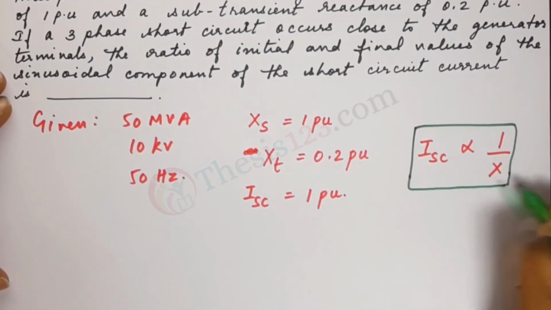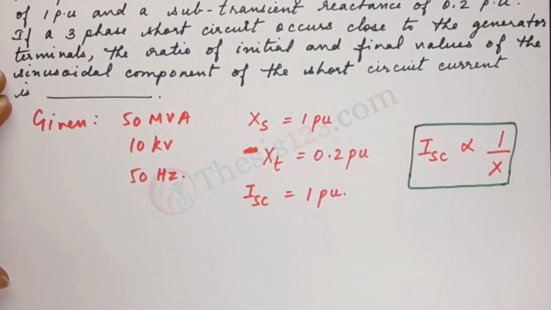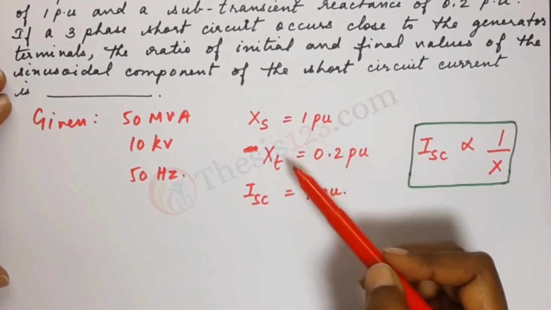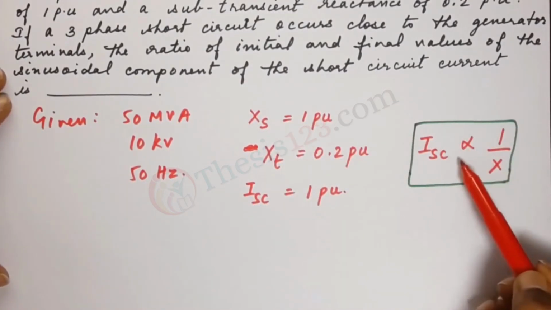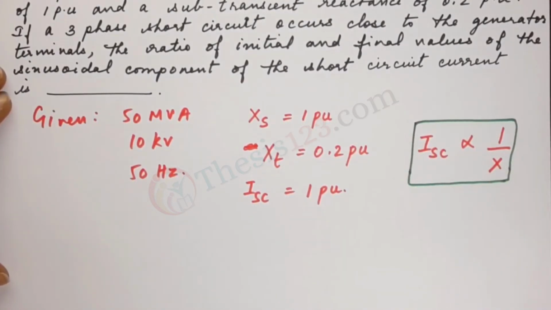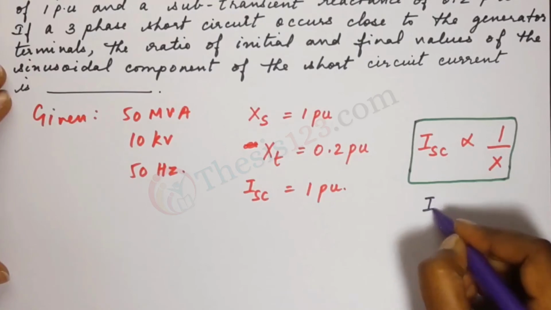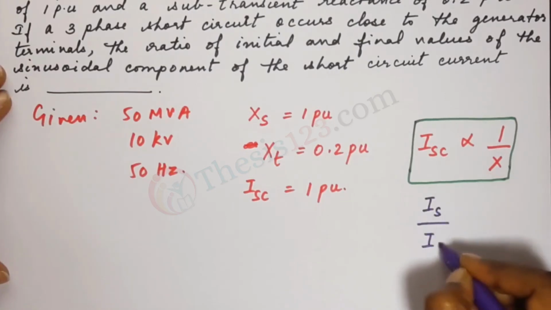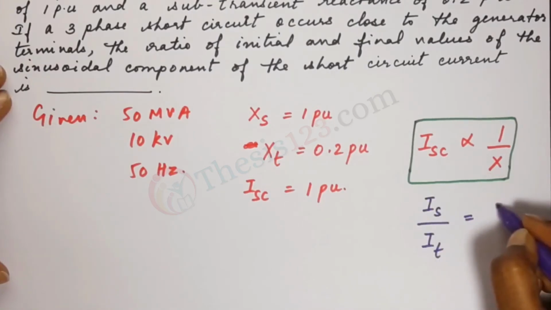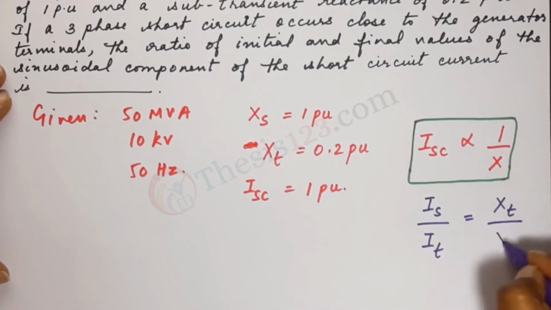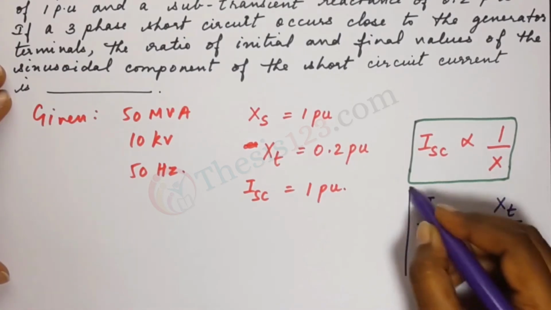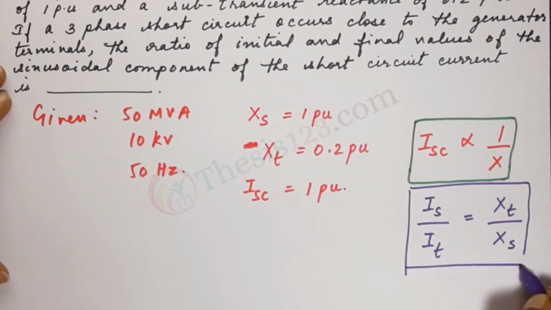This is the relation that is going to actually help us to solve the problem. From here we can write a ratio of the currents in both instances. So IS by IT would be equal to XT by XS. Since it is inversely proportional, we would have this relation here.